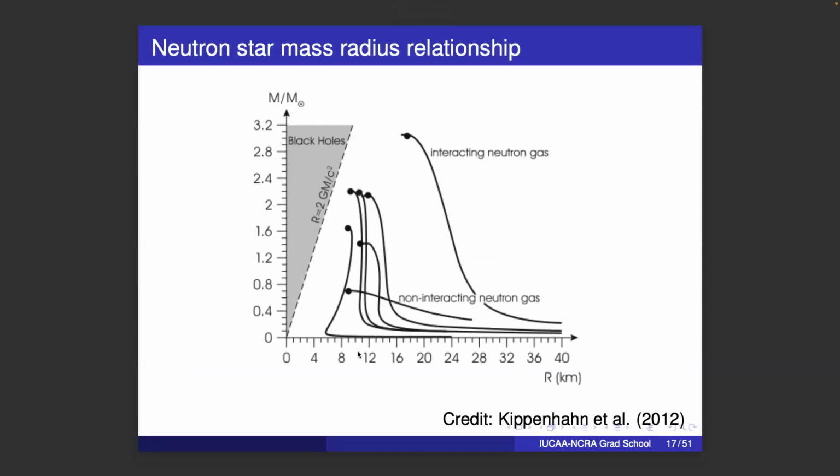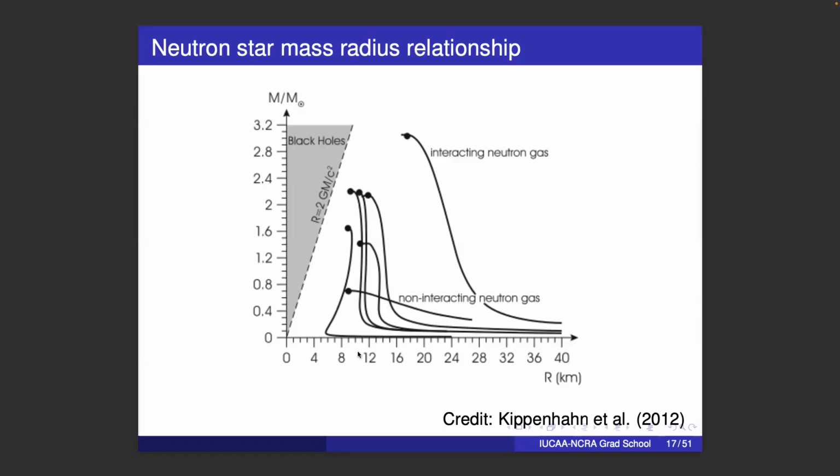And how intractable? What is shown here is from the book by Kippenhahn: the radius in kilometers of the neutron star, and this is the mass of the neutron star. So there are now degeneracies between mass and radius. Unless you determine one, you can't determine the other.